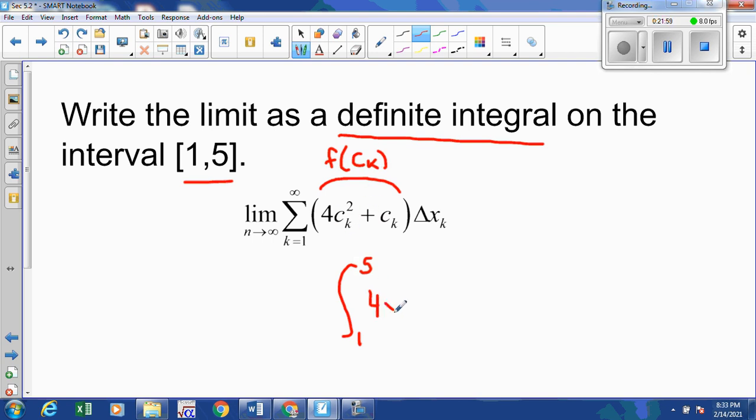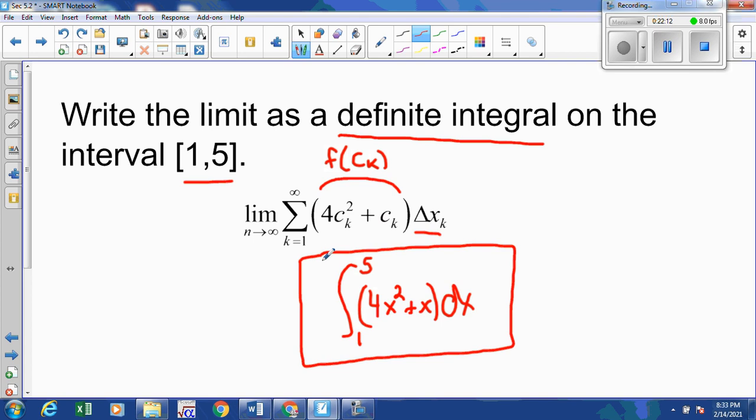So that would be 4x squared plus x. And then this delta xk we're going to write as just dx. So on your homework, the first couple problems are just taking this limit and writing it as this integral.